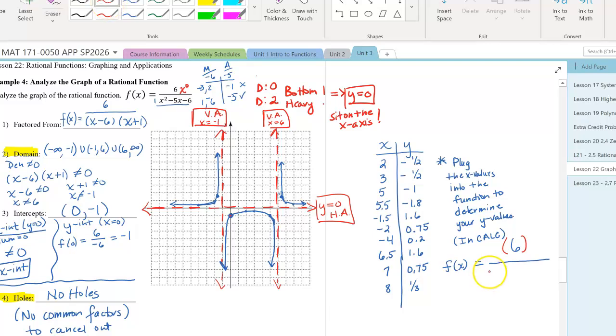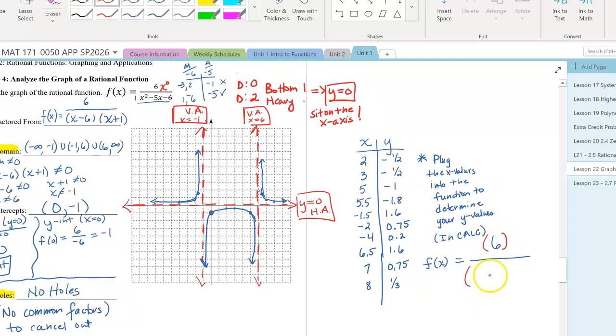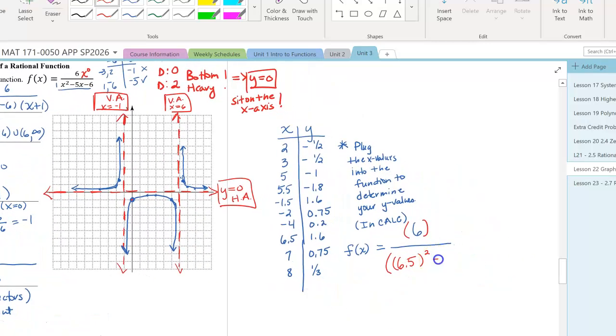And then I would start with the parentheses, and then I would have 6.5 squared minus 5 times 6.5 minus 6. Let me extend this.